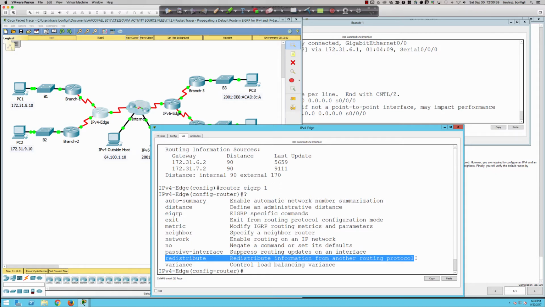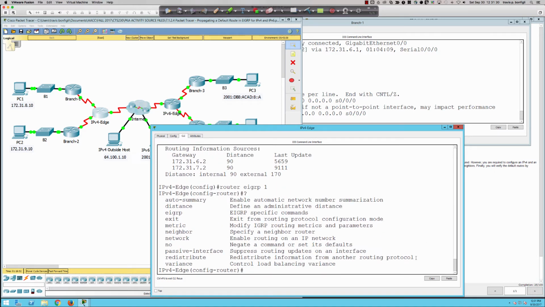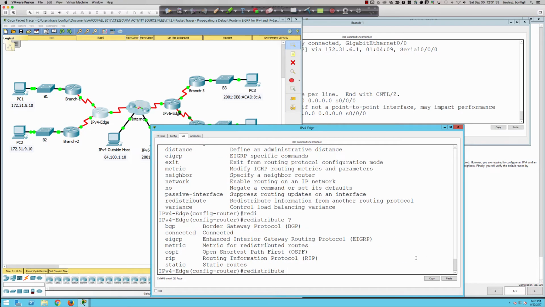But I want you to keep something in mind here. In the context of redistribution, connected is a protocol. Static routes are a protocol. OSPF, EIGRP, RIPv2, BGP, IS-IS, everything I just mentioned, they're all routing protocols, to include static as a protocol, connected as a protocol. And so my answer here is redistribute, and you take a look right there.